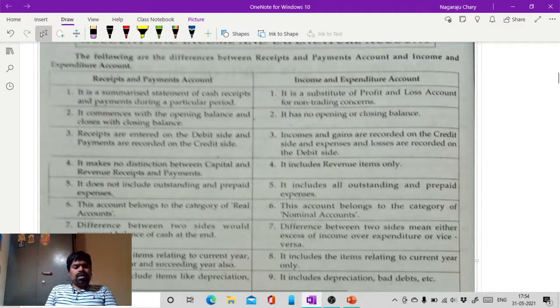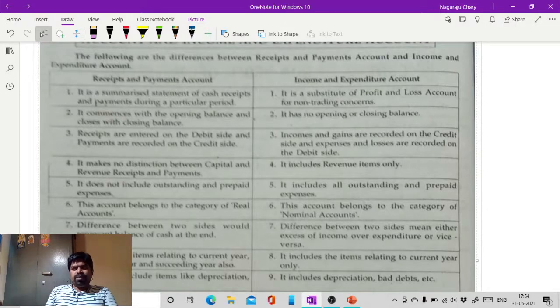So you see, it is a summarized statement of cash receipts and payments during a particular period. During a particular period, what receipts we have received and what payments we have paid, those items are to be recorded in that statement, that is the receipts and payments account.